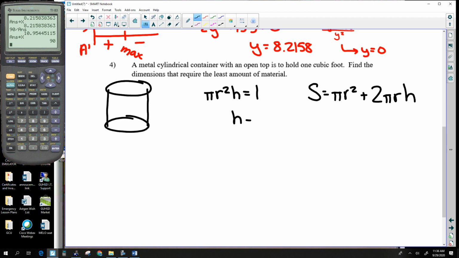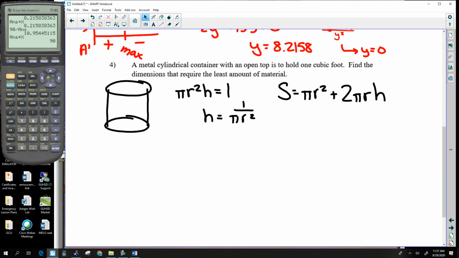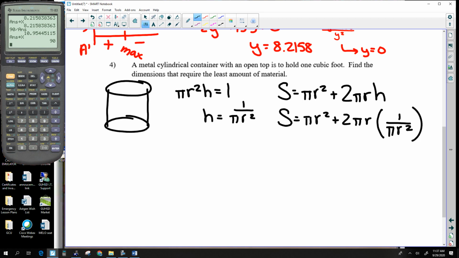Let's solve this for height. So this would be 1 divided by pi r squared. And so that updates our surface area here. Surface area is pi r squared plus 2 pi r h, which is pi r squared on the bottom.